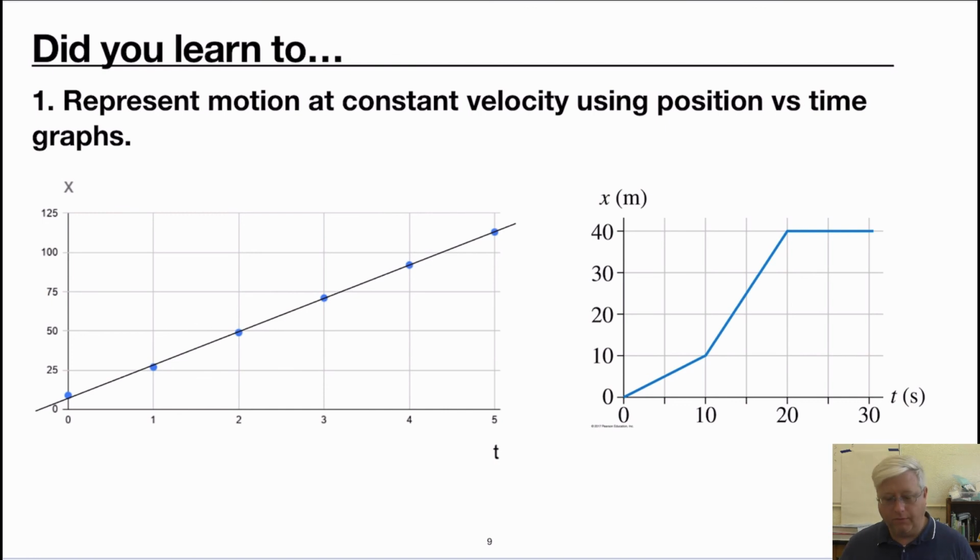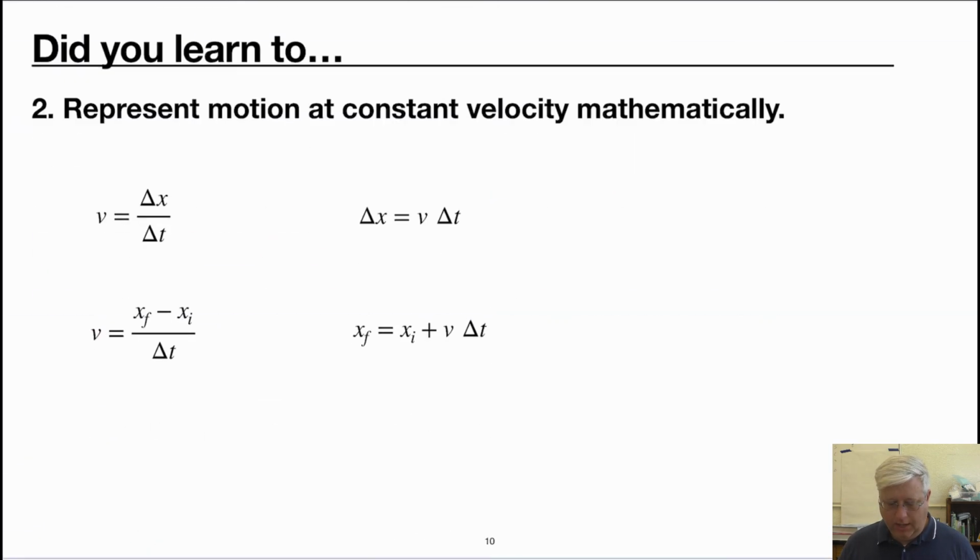Okay, this is all the uniform motion model. And we also learned to represent motion at a constant velocity mathematically. So we've been looking at calculating average velocity or constant velocity for a while. We basically extended this equation a bit more by describing displacement in more detail.